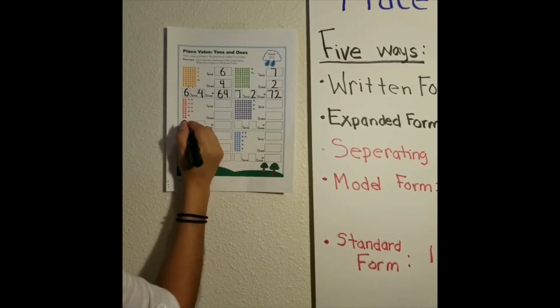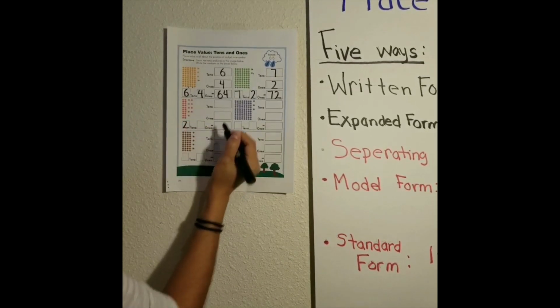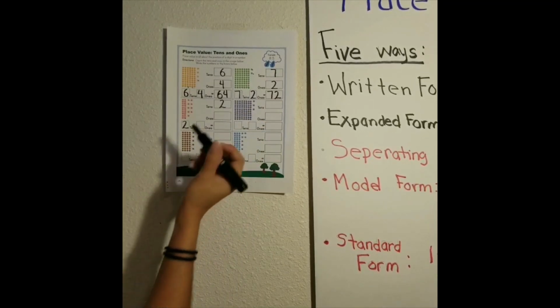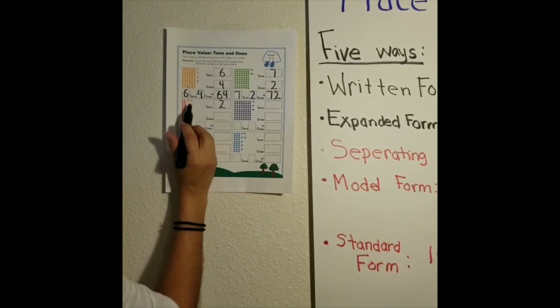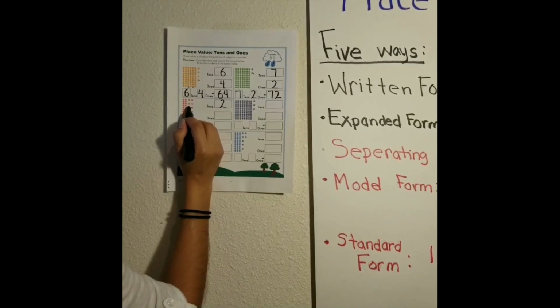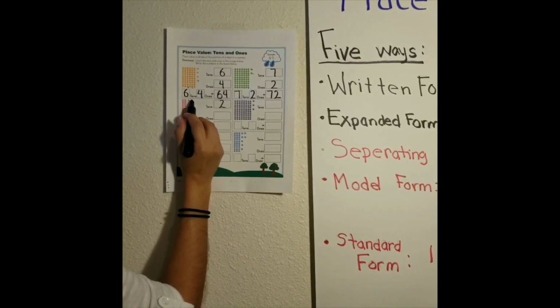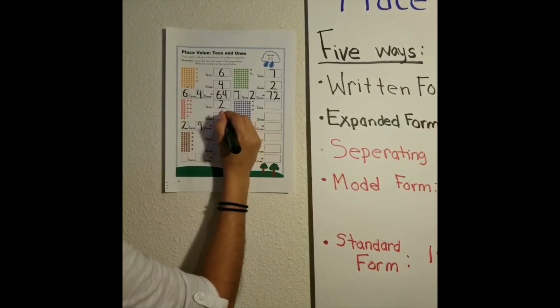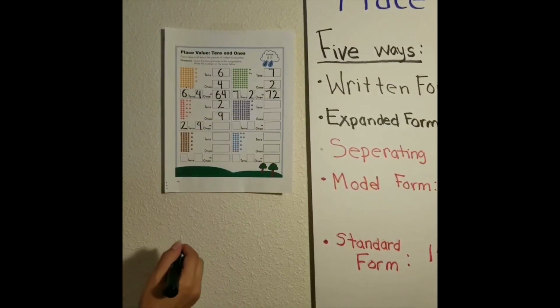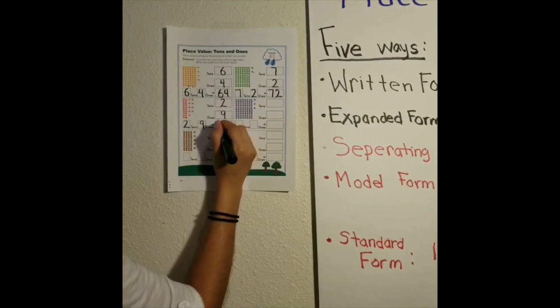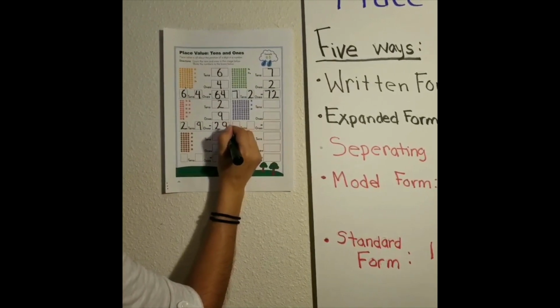So that means I have 2 tens in my ten spot. Let's count our ones. 1, 2, 3, 4, 5, 6, 7, 8, 9. So that means I have 9 ones. So I'm going to place the number 9 in my one spot. So now if we put our numbers together, that's going to give us 29.